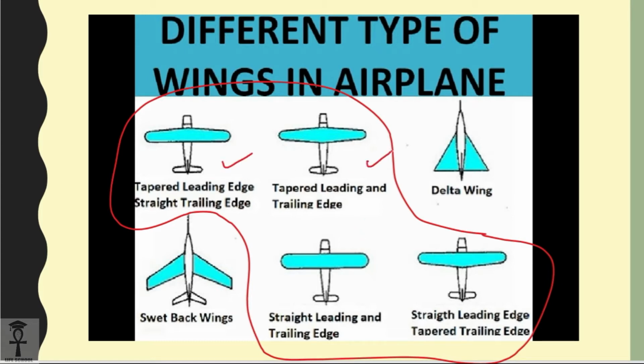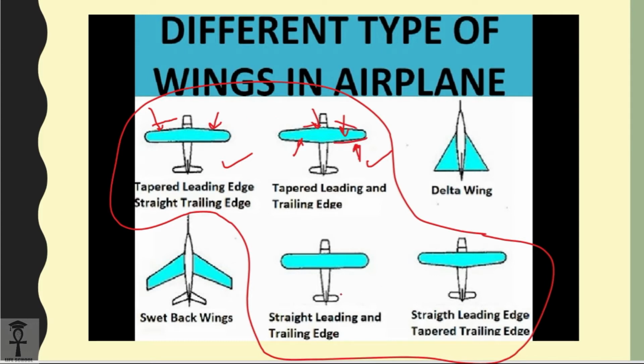This is the leading edge, so this is a tapered leading edge. This one is tapered on leading edge and trailing edge both. The trailing edge is this one, so both are tapered in this plane.